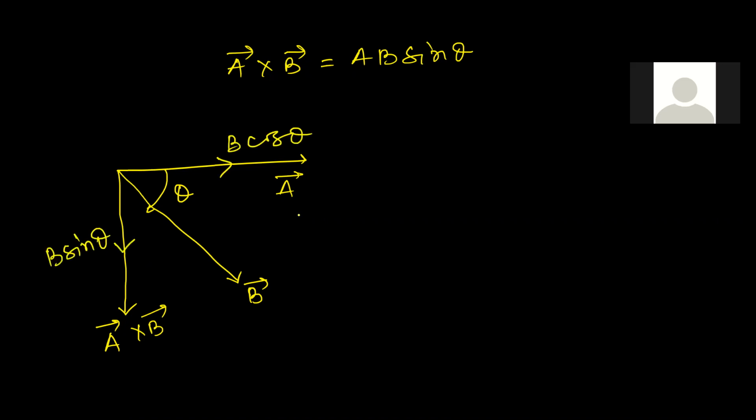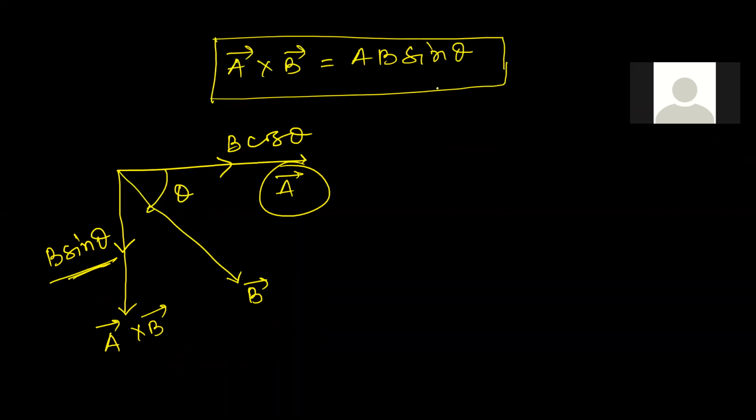If I multiply the magnitude of A vector with this perpendicular component, I get the cross product. So just remember this formula: A cross B equals AB sine theta. This is the formula to find out the cross product.